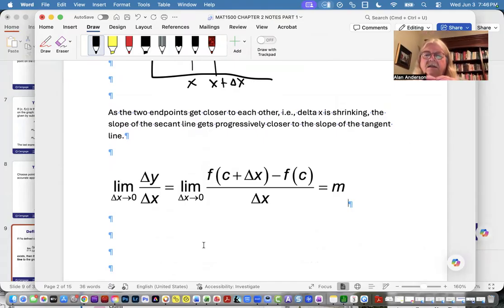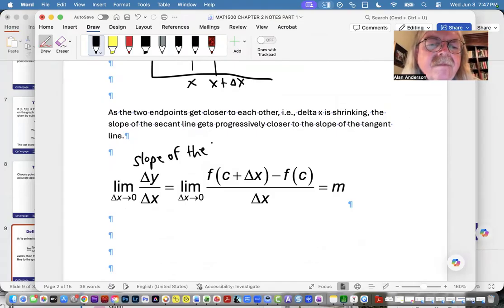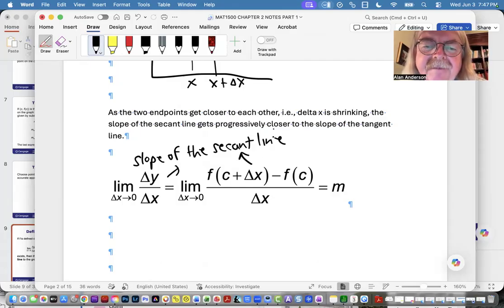As we get closer to one variable, we want to know what happens to another variable. So here we're taking the limit as delta x goes to zero of the slope. This is the slope of our secant line, and so is this. These are just two different ways of expressing the same thing.